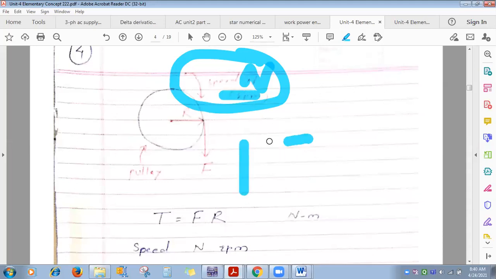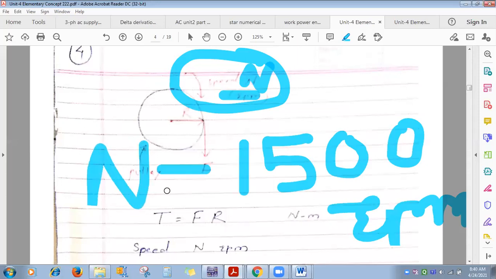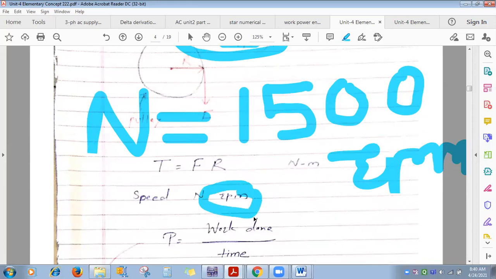Suppose I say the speed of a motor or generator is 1500 RPM. What does it mean? Revolutions per minute means that the motor or generator completes 1500 revolutions in 1 minute.